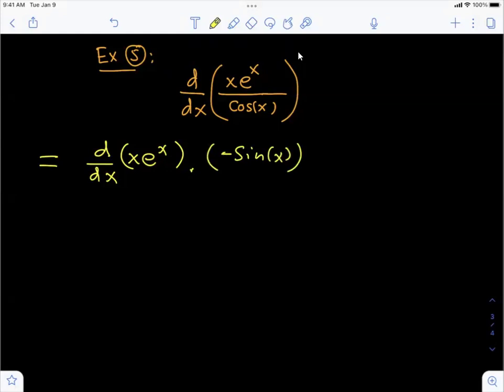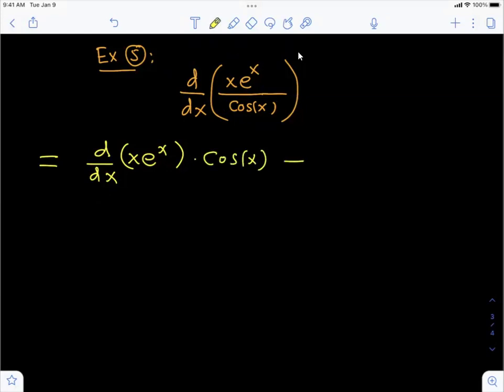And then minus the original top function. Oh, sorry, I made a mistake there. I should correct it. The derivative of the first function together with the original bottom function. It should be just cosine x, right?